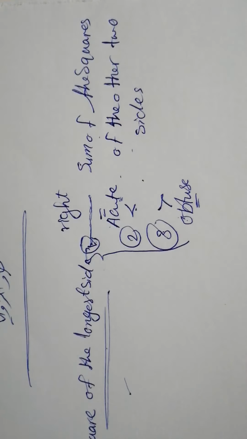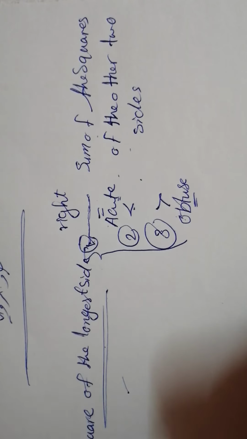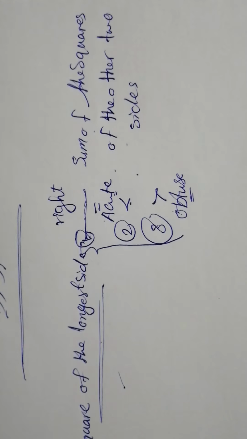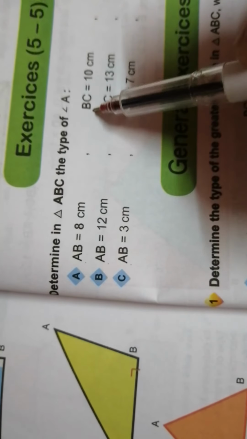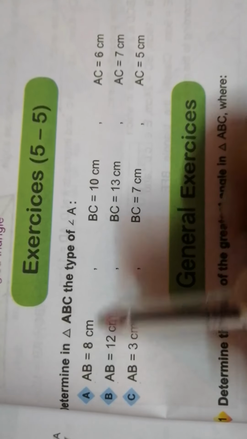So you are going to take some exercises. Let's open your book, page 95. Determine in triangle ABC the type of angle A. AB equals 8, BC equals 10, AC equals 6.